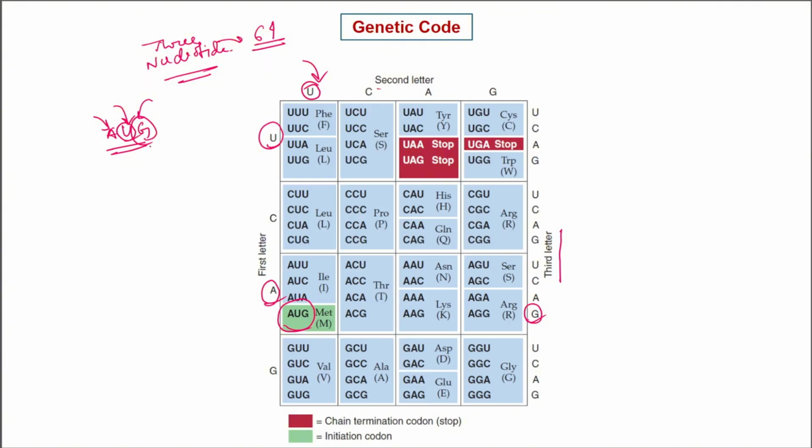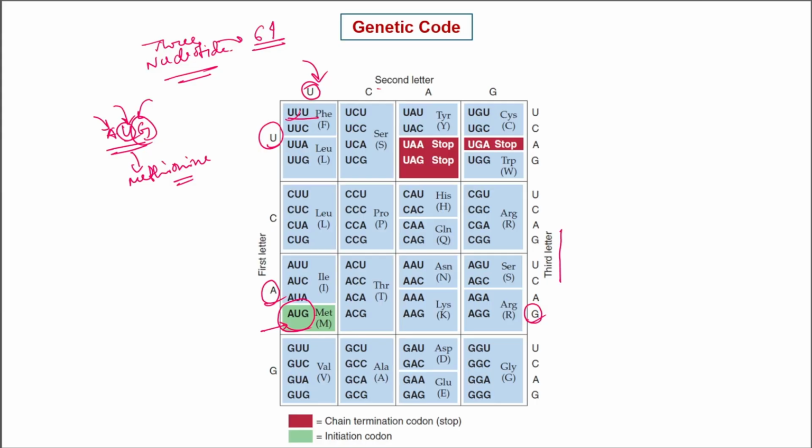So AUG encodes the amino acid methionine, and this is highlighted in green. AUG is not just any codon, it is the start codon, the official begin translation signal for the ribosome. So that's exactly how the genetic code is organized, and every amino acid is specified by a 3-letter code, that is UUU, that encodes the amino acid phenylalanine.